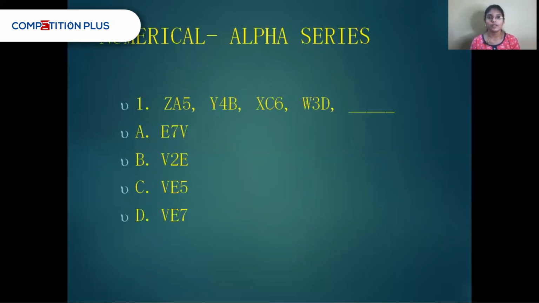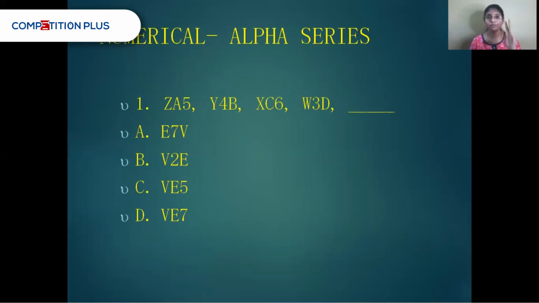Next comes your type 3, that is numerical alpha series. Very simple, children. Here you will have the combo series, involving the letters as well as the numericals. So how are we going to solve? You should check the pattern for all the letters in the series and for all the numericals given in the question series.